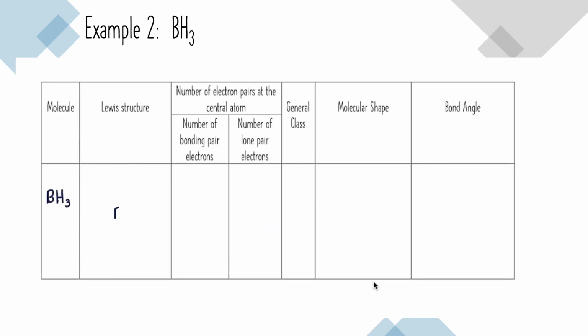BH3 as an example, the Lewis structure would be like this. The number of bonding pair electrons at the central atom of boron is 1, 2, and 3. So here should be 3. The number of lone pair electrons is 0 because boron as a central atom doesn't have any lone pair electrons on it.